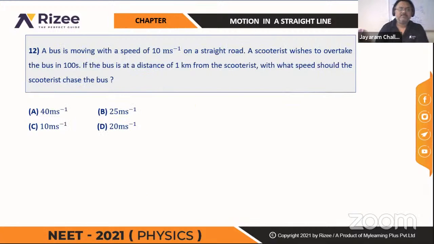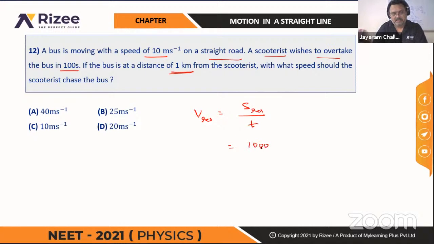Next one, a bus is moving with a speed of 10 meter per second on a straight road. A scooterist wishes to overtake the bus in 100 seconds. If the bus is at a distance, that is relative distance, of 1 kilometer from the scooterist, what will happen? So relative velocity is relative displacement by time. Relative displacement is 1000 meters.